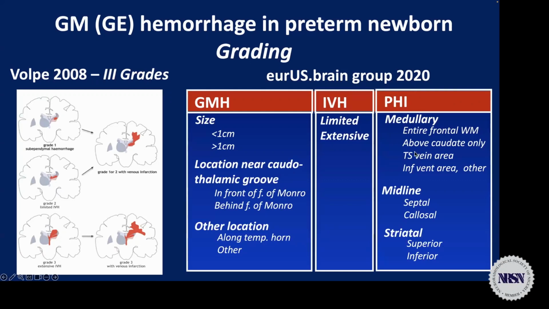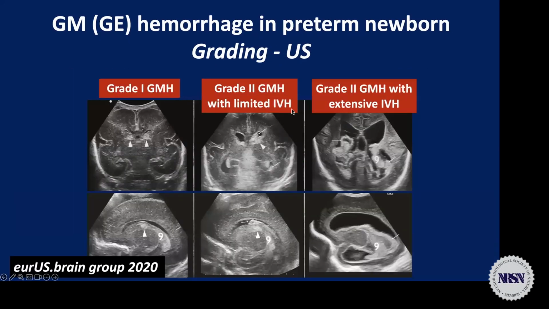With this new grading, we know that also with a grade 2 germinal matrix hemorrhage, according to Papile, we can have an extensive intraventricular hemorrhage, or we can have periventricular hemorrhagic infarction, also in grade 2 or in grade 3.